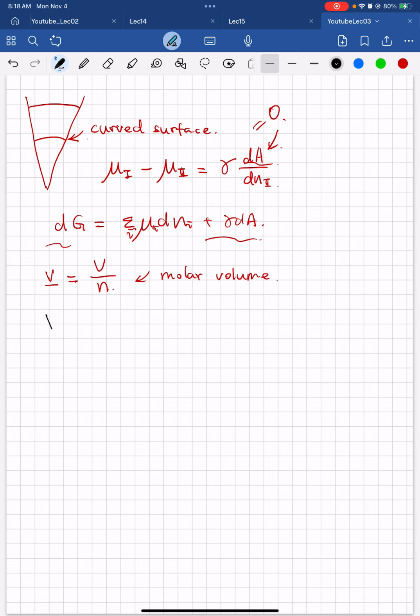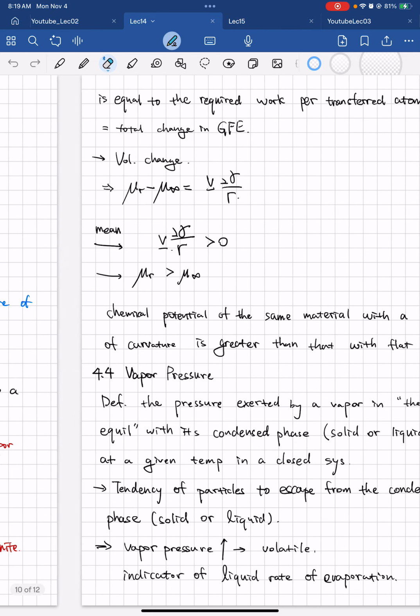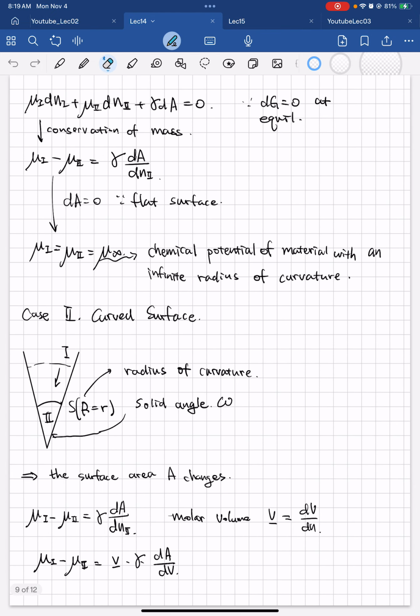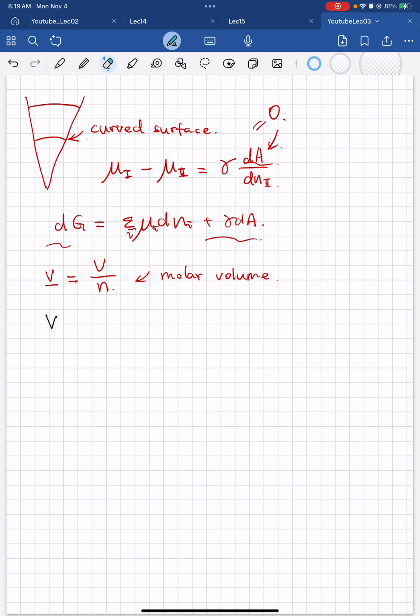Then dA, right. Yes. Then N will become like this, right?